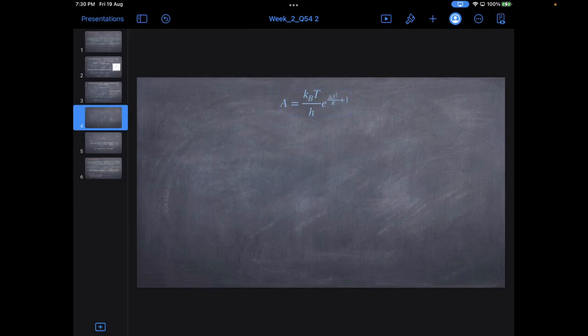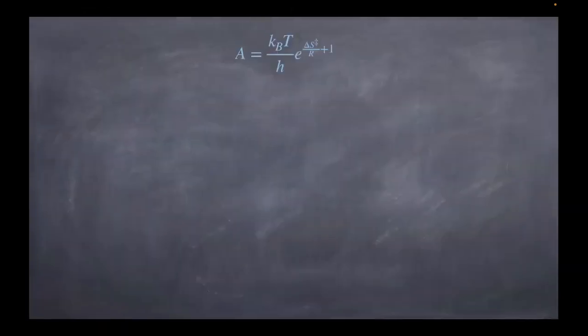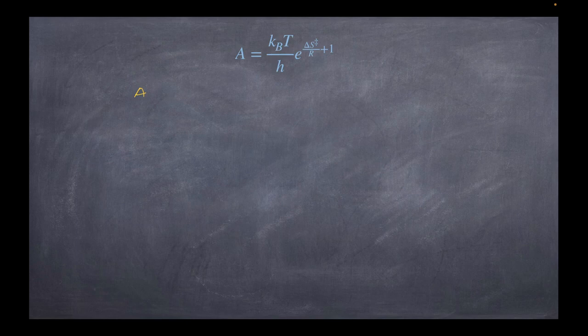So this is really an important relationship. Let's first write the pre-exponential factor. We know from the Arrhenius expression, or from transition state theory, the rate constant K equals A times e to the power minus EA divided by RT.